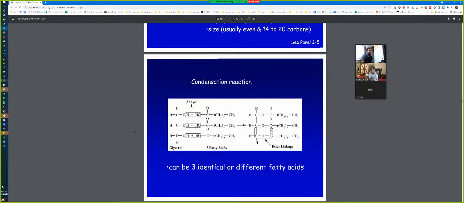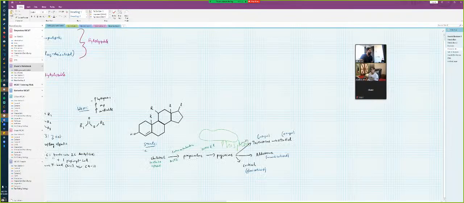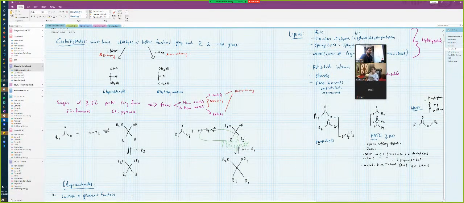Okay. Now, I just want to say this. If this was a phosphate, then you would get a phospholipid. Oh, okay, I see. So I have that right here.